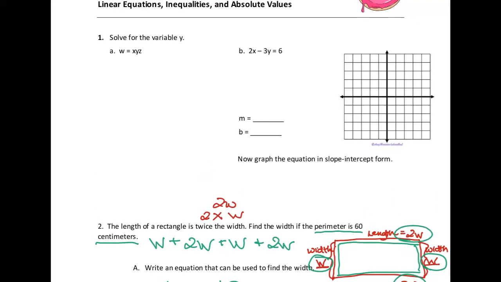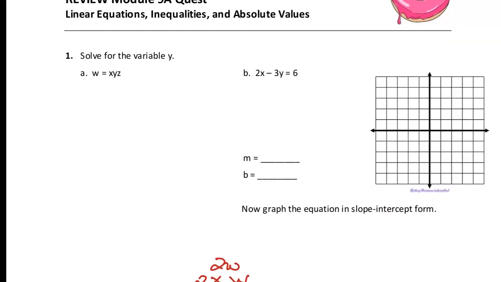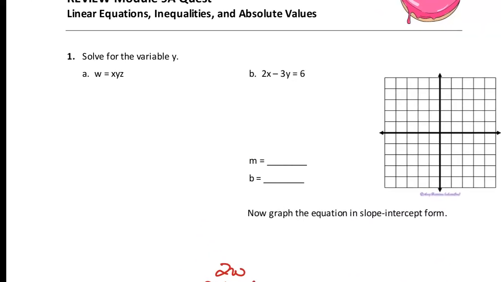What about number 1A? Would anybody like to see that one? Yeah? Okay. It says solve for y. So I want to get this y by itself. So you're asking yourself, what is happening with that y and the other two variables that are right there? What operation is happening there? Multiplication.